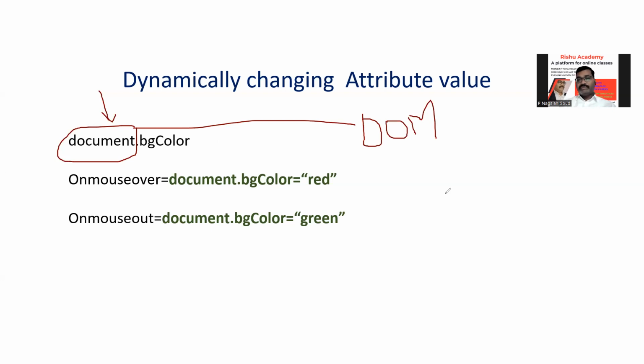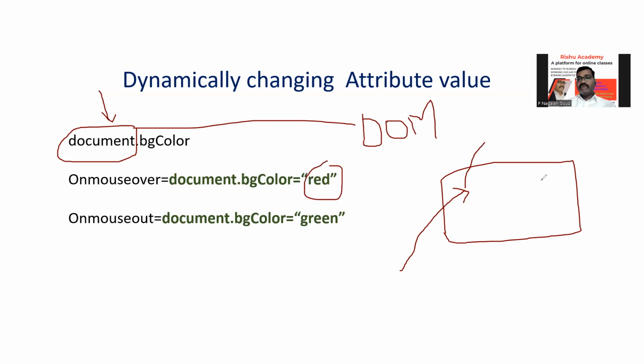So initially the background color of any web page is white. When I move the cursor over the HTML page, then this white color will be replaced with red color. When I move the cursor out of the window or out of the page, then the red color will be replaced with green color.